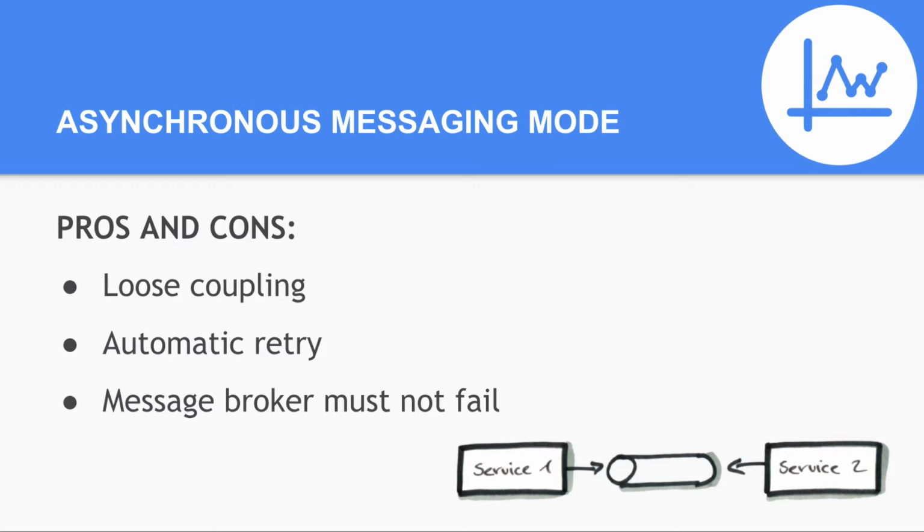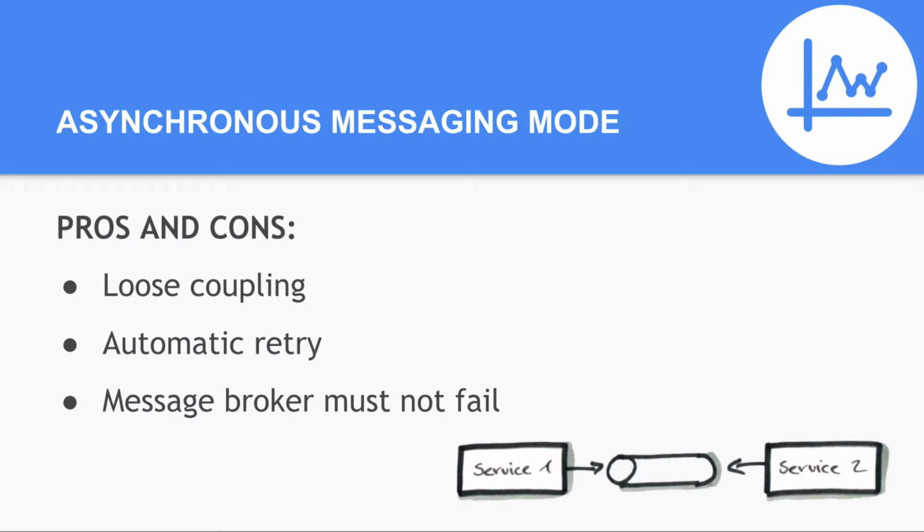The services do not need to know each other at all when using this communication pattern. What they need to know is that there are messages of certain formats with a certain payload.